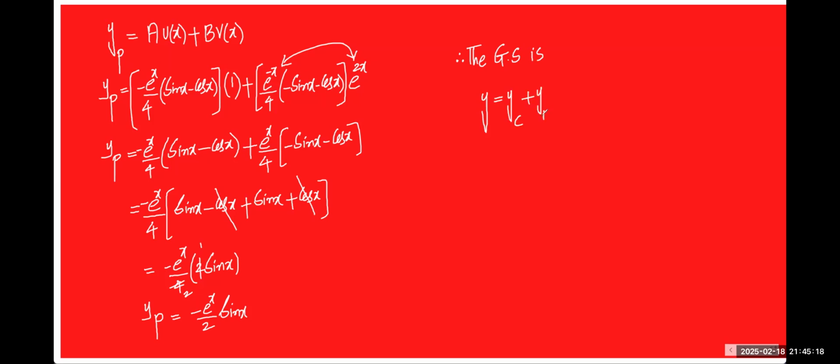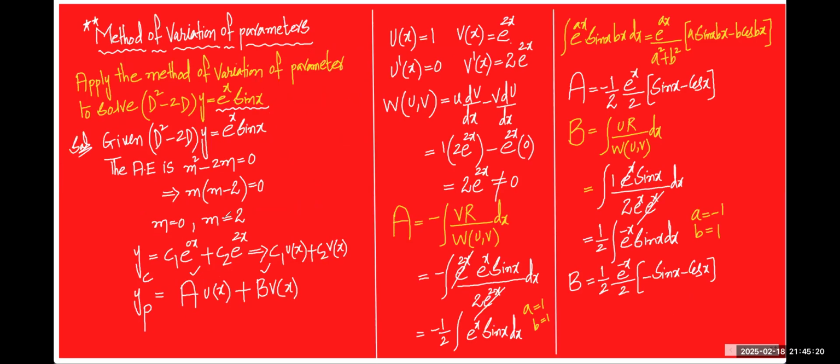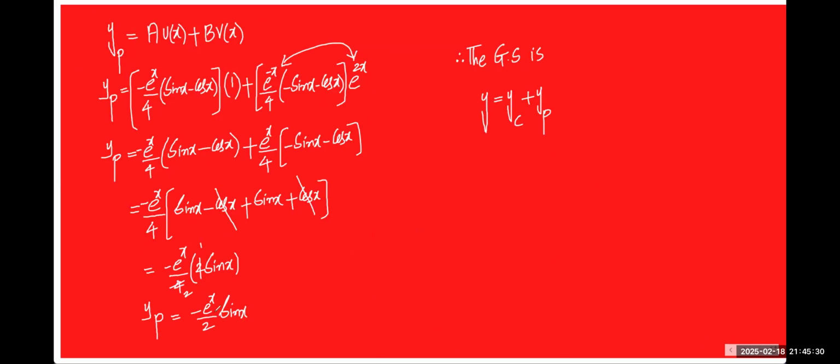Complementary function here we got it, this one. C1 e power 0x, or otherwise 1 you can write. This is yc and this is your yp. So together we have to write it and finish it.